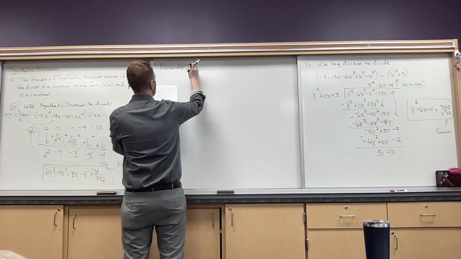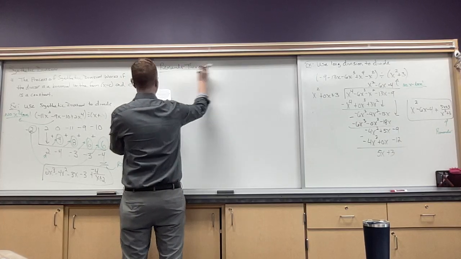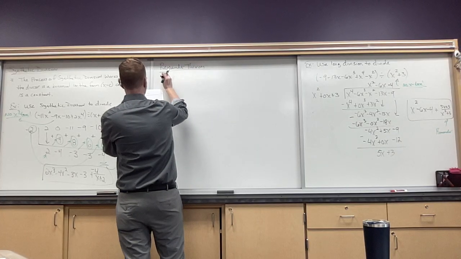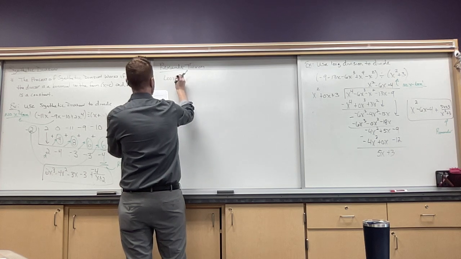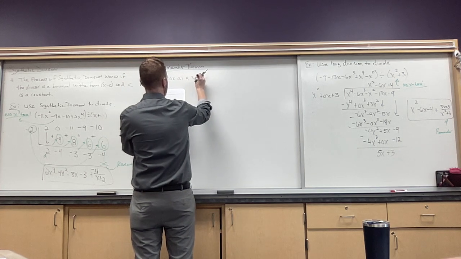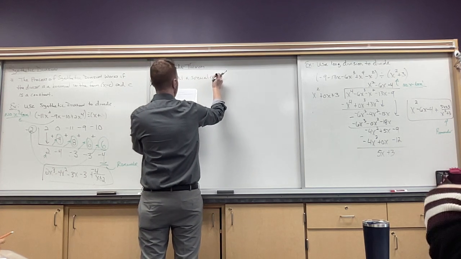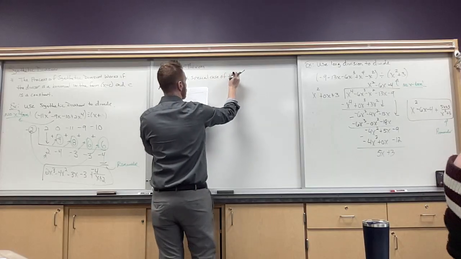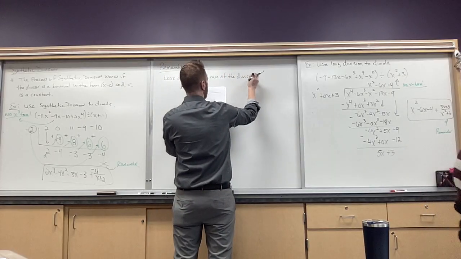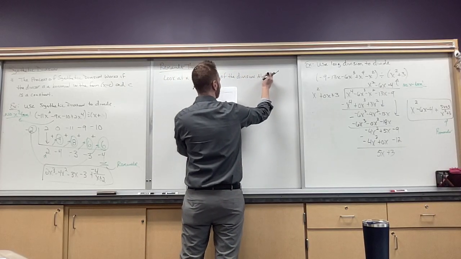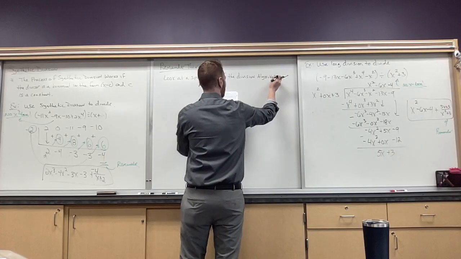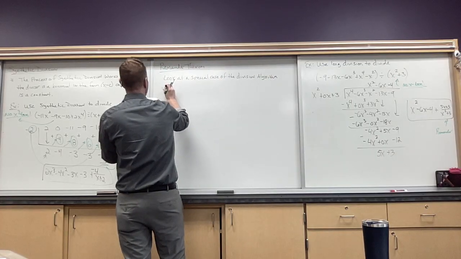So with the remainder theorem, let's look at a special case of the division algorithm, the thing I just erased. Wish I would have kept it up here. Oh well.